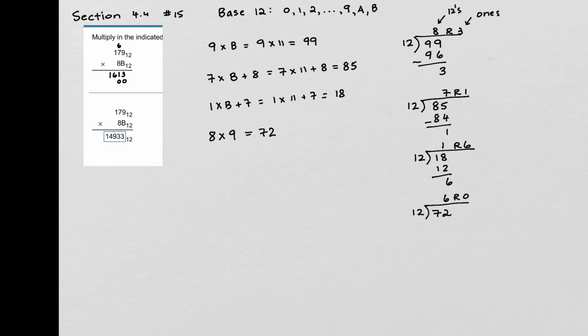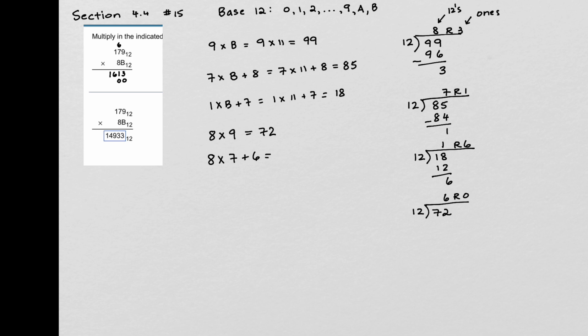Okay. So next I have 8 times 7 plus 6. And that is 56, and 6 makes 62. So now we're going to do 12 into 62. 12 goes into 62 5 times. And we'll have a remainder of 2.